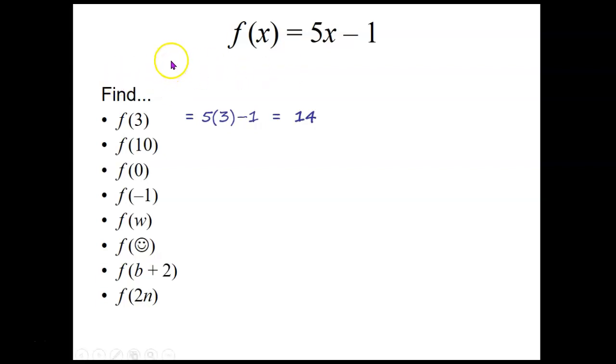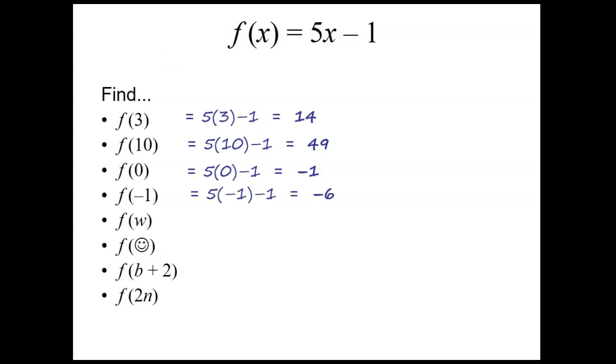What is f of 10? That would be 5 times 10 minus 1. So that would be 50 minus 1, or 49. What about f of 0? 5 times 0 minus 1 would be 0 minus 1, which would be negative 1. What about f of negative 1?